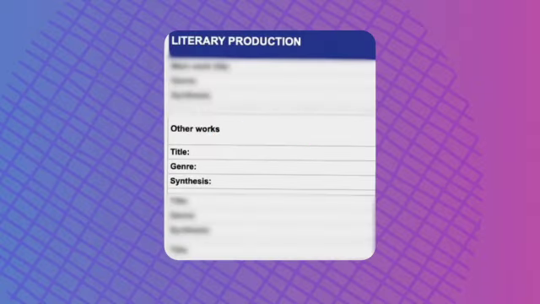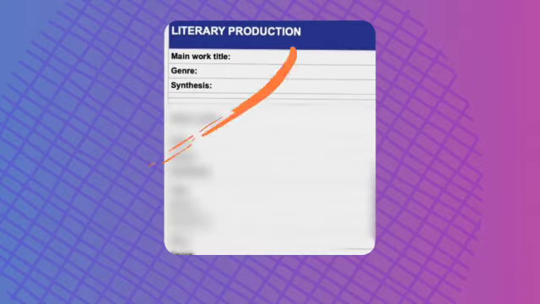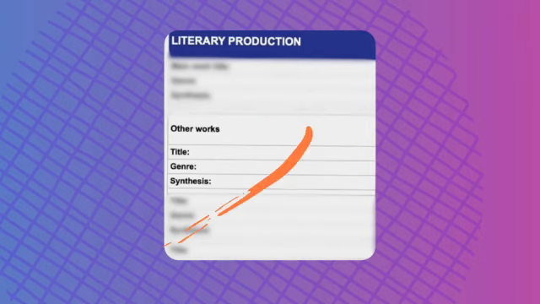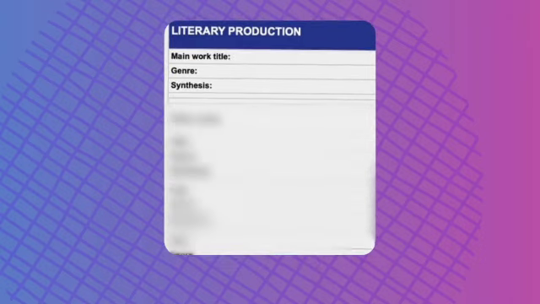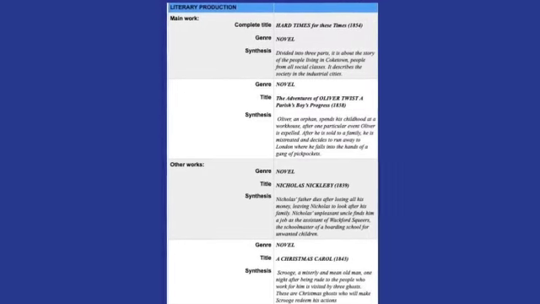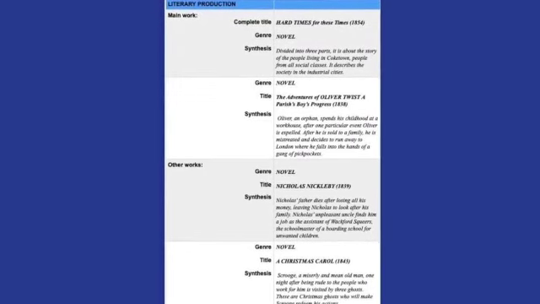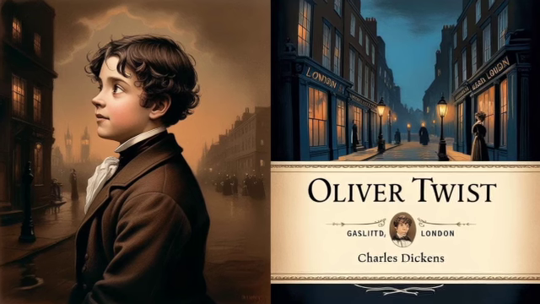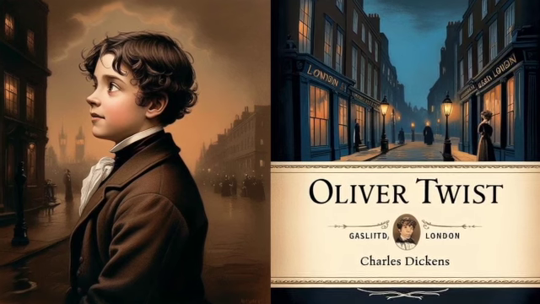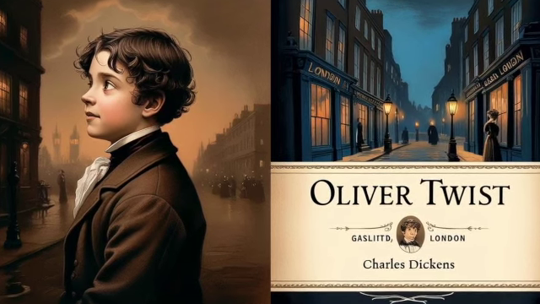In addition to the main work, the interactive biochart asks to explore the author's other works. Here are some examples concerning Dickens' literary production. Other works. Title: The Adventures of Oliver Twist, A Parish Boy's Progress, 1838.